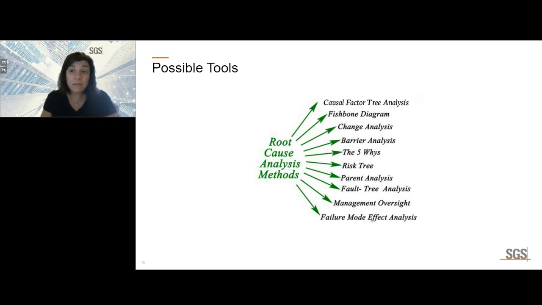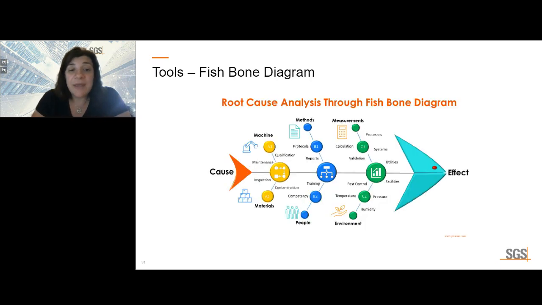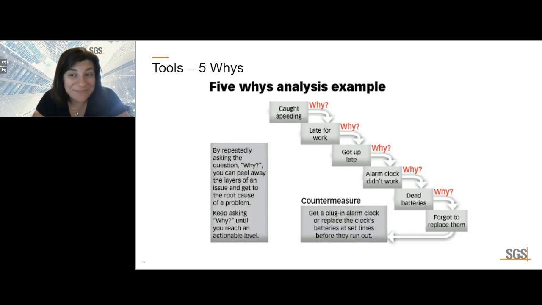How you get there, using whatever method, leave it open for people to decide, because this way they can probably get to that answer far better than if you're telling them they have to use one method that happens to be one they're not familiar with. So the Fishbone diagram looks something like this, where we consider measurement, methods, machine, materials, people, and environment, and we bring in all subject matter experts in each one of these areas. Another one of my favorites, and also my daughter's, is the 5 whys.